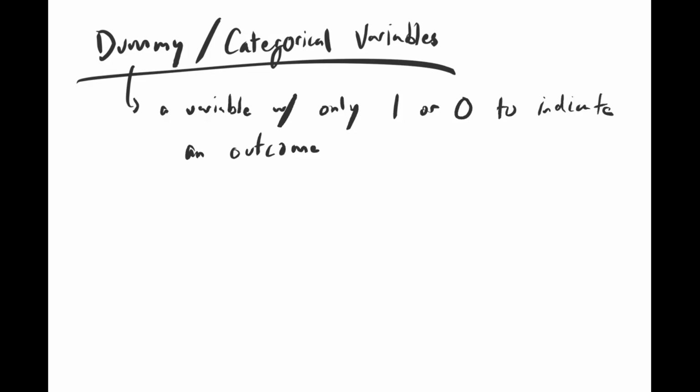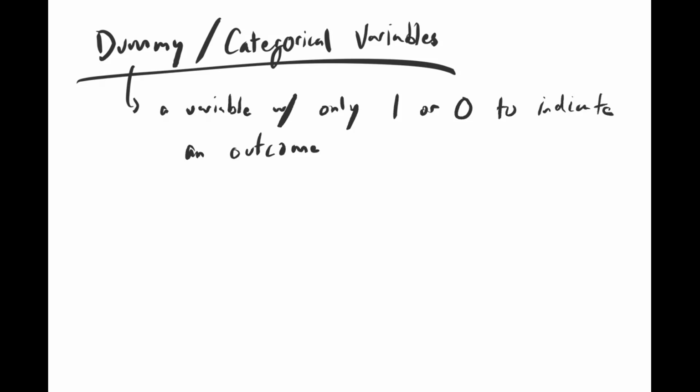This might be male or female, or in an election data set you might have Democrat or Republican, or if you were looking at a coronavirus data set, it might be 0 if you're healthy and 1 if you're sick. So there are lots of reasons why you would want to be able to handle data that would look like this.